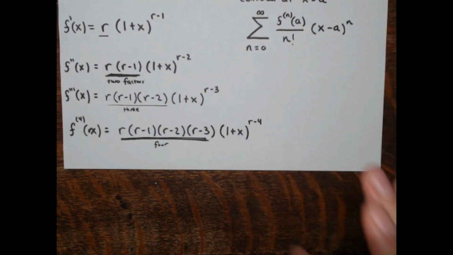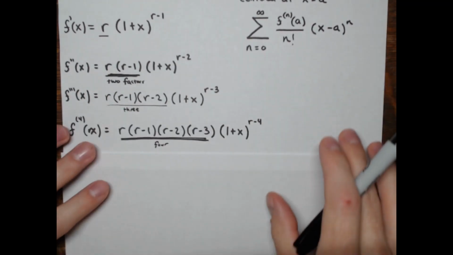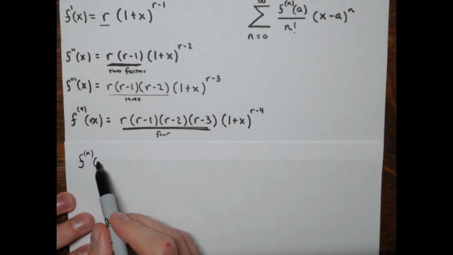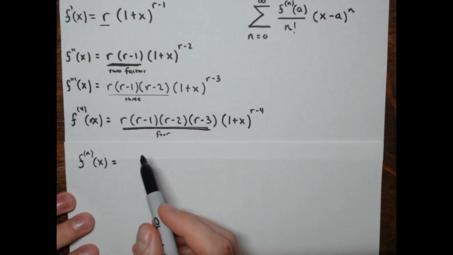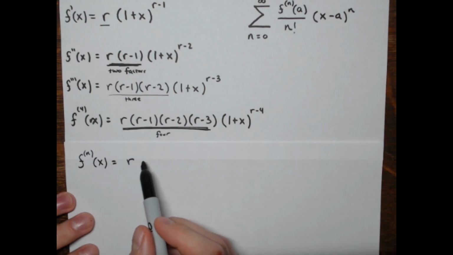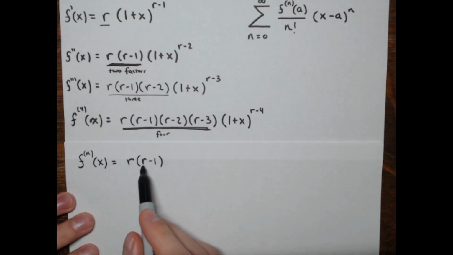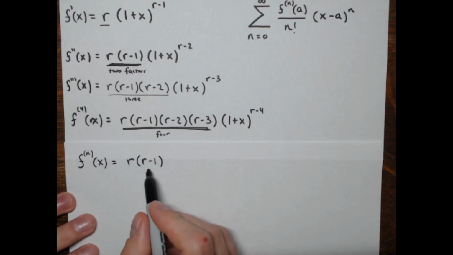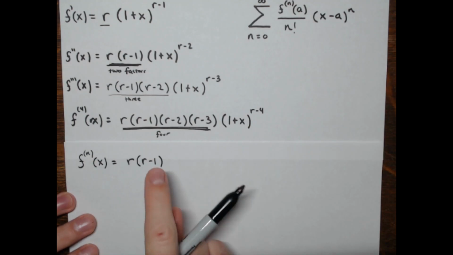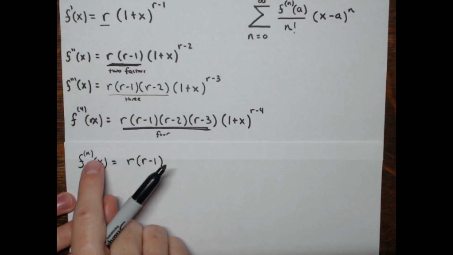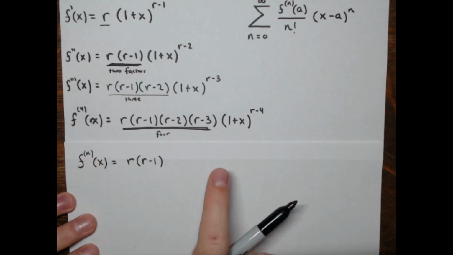So hopefully the way I've described that, you can see the general derivative. The nth derivative here will be r times r minus 1. Now notice when you have r minus 1, that's the second factor. So the factor number I'm at is 1 greater than the number I'm subtracting from r. And I'm doing this until there are n factors.